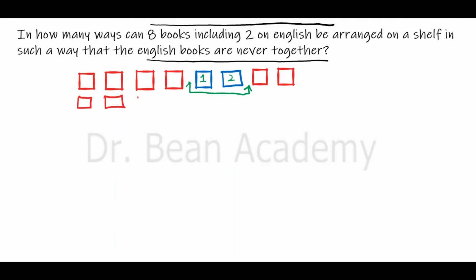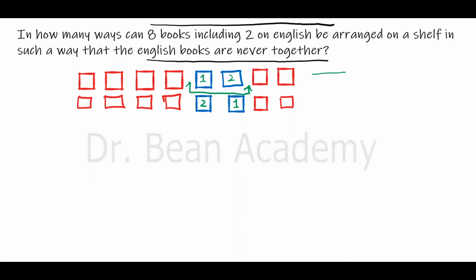For example, I have 2 English books, and then I have the other 2 books. But the difference is, now here is the second English book and here is the first English book.